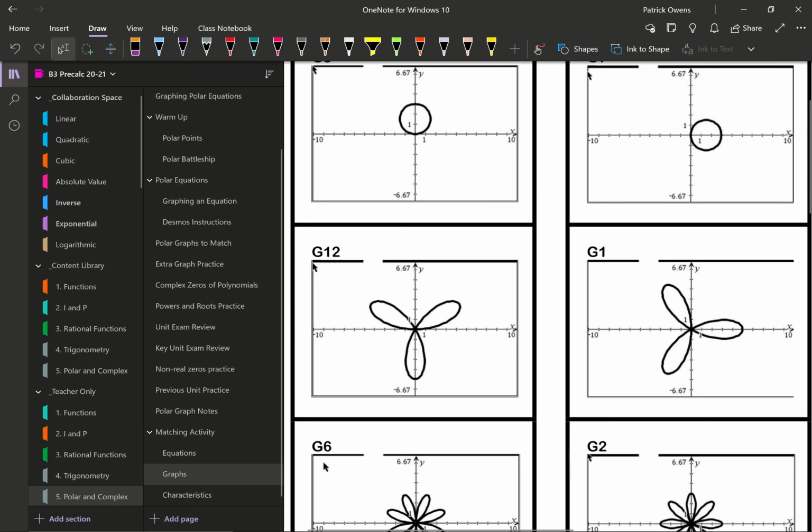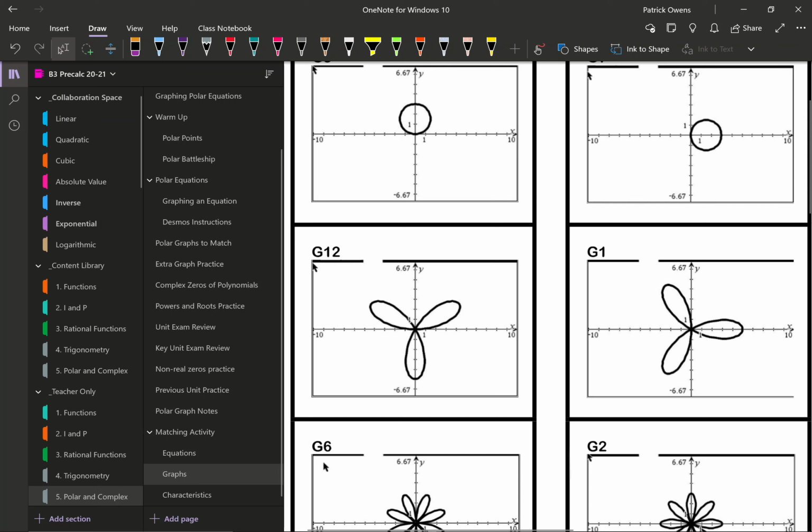well, we know that if our n value, so what's being multiplied by theta inside the argument of our trig function, if that is odd, we're going to have an odd number of petals. And it's going to be that exact number. So our 5 sine of 3 theta is going to be either G1 or G12.